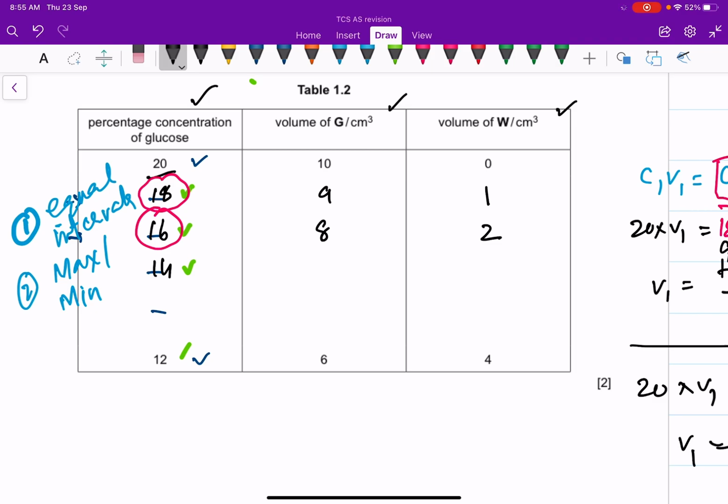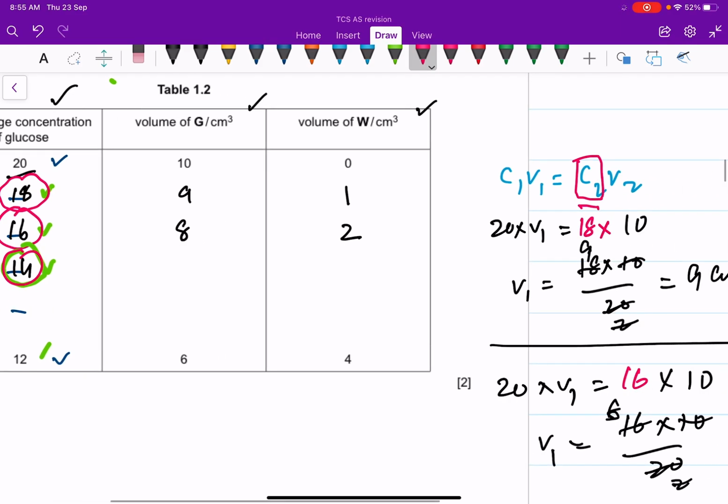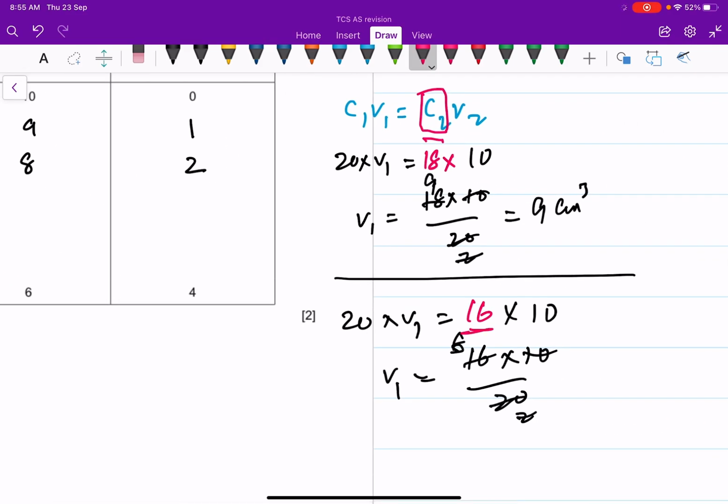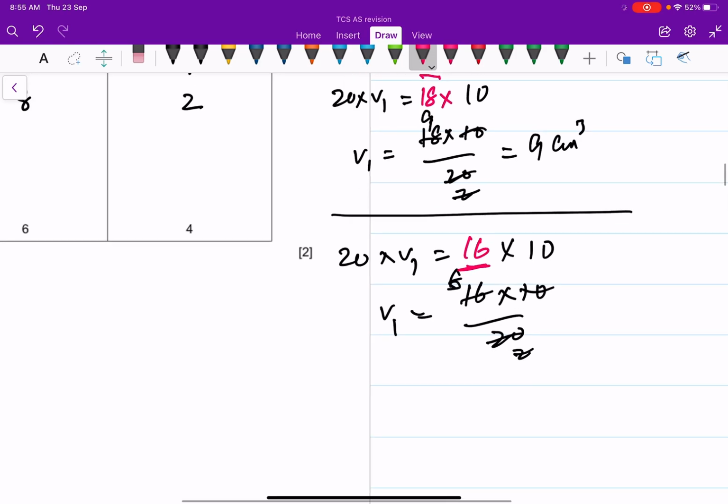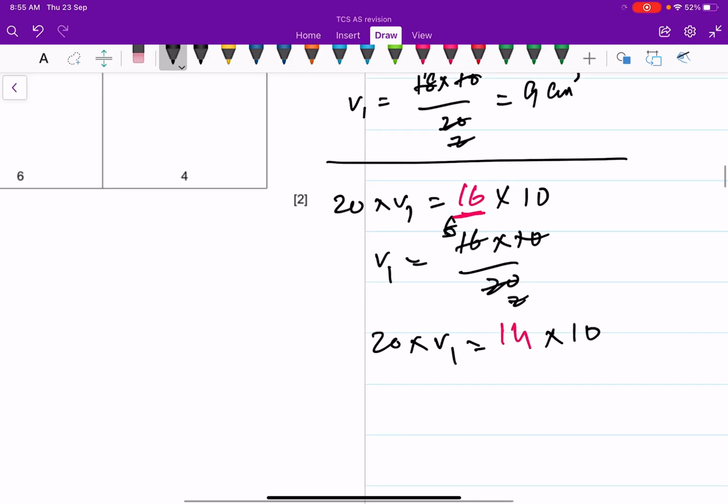And the next, to prepare 14%, we will put this 14 in, instead of this 16 here. So that would give us 20 into V1 is equal to 14 into 10. So V1 is equal to 14 into 10 over 20, that would give us 7.